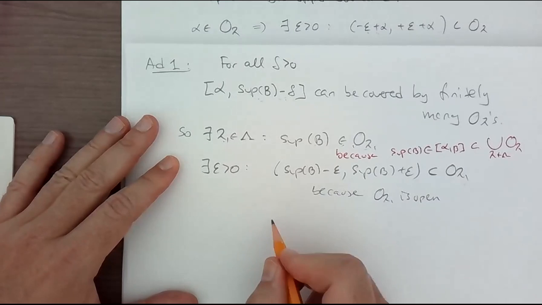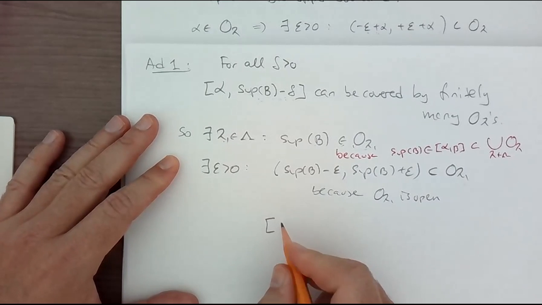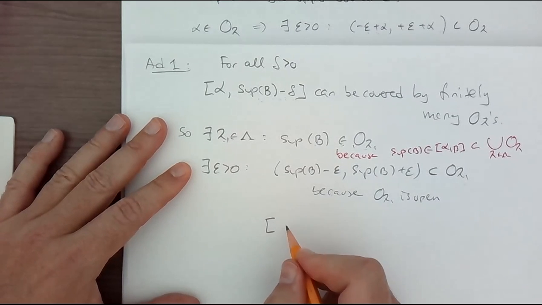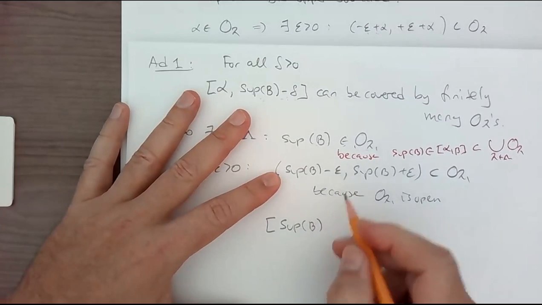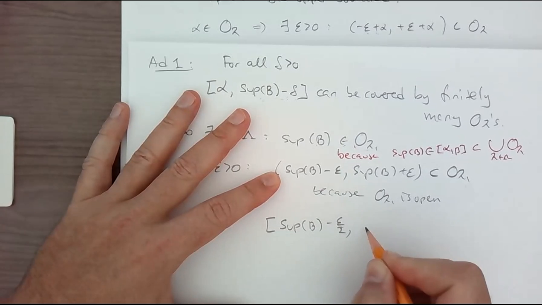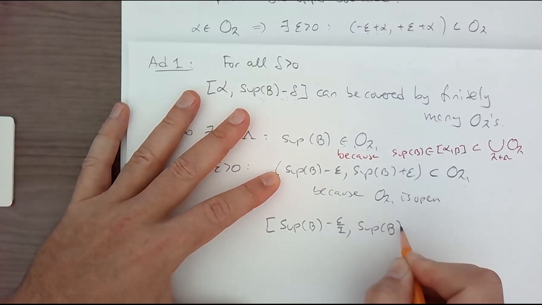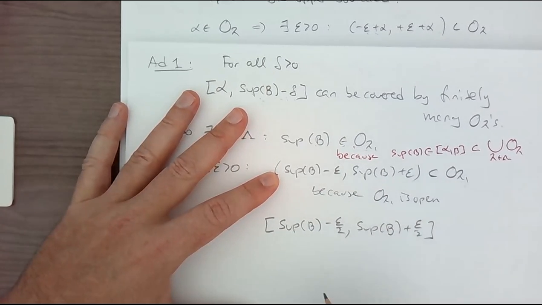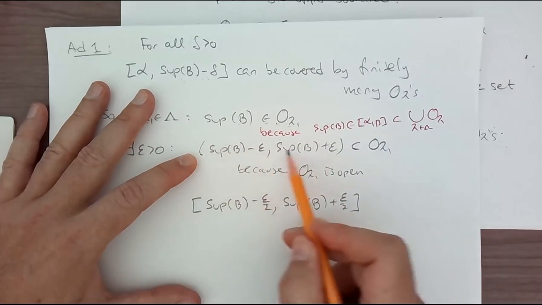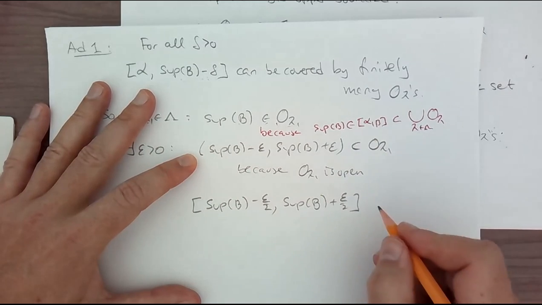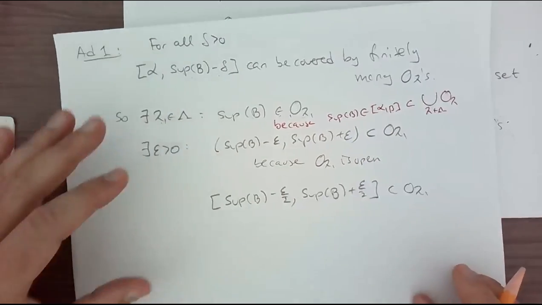If I look at the interval from sup B minus epsilon over 2 up to sup B plus epsilon over 2, this is going to be inside this interval here, so that's going to be inside O lambda.